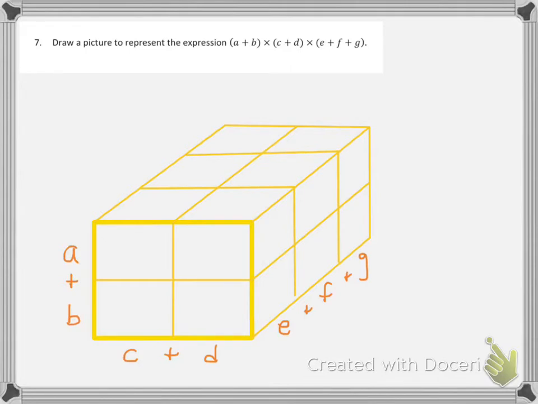Each rectangular prism would create a product, and then we would take all of those products and combine like terms if it were possible to do that. But this is what it would look like if we multiply 3 things together.